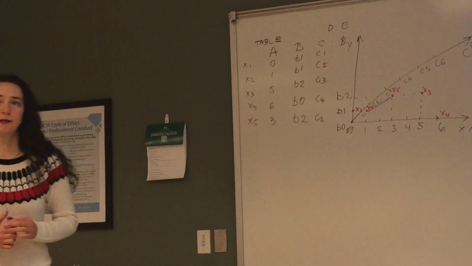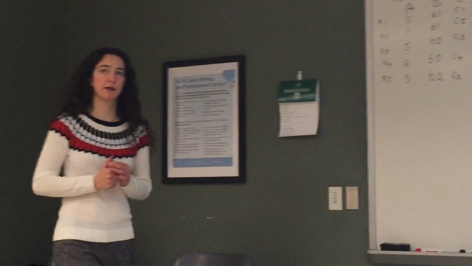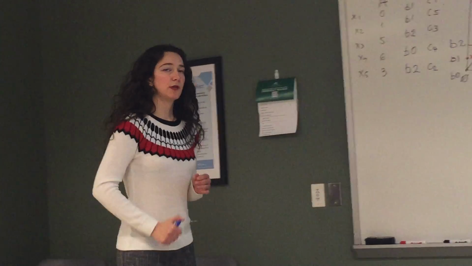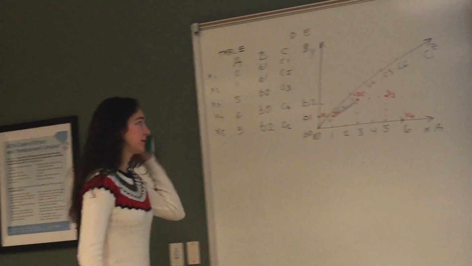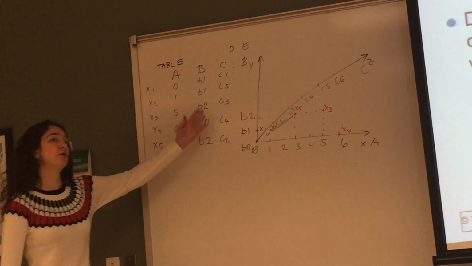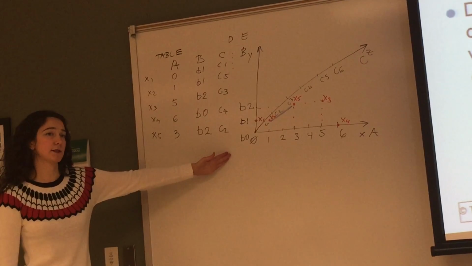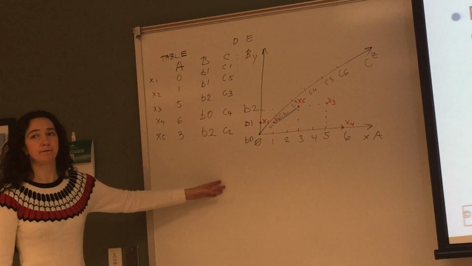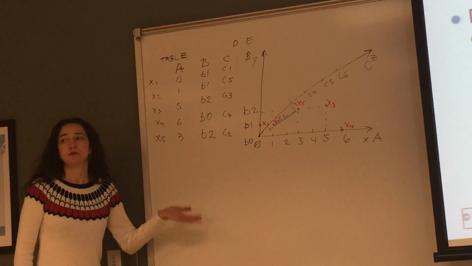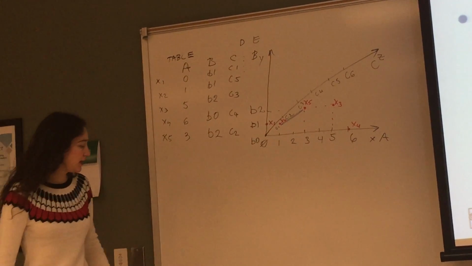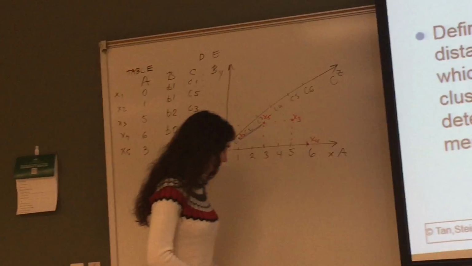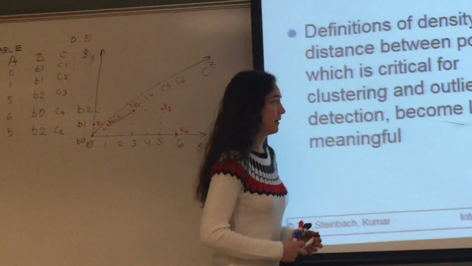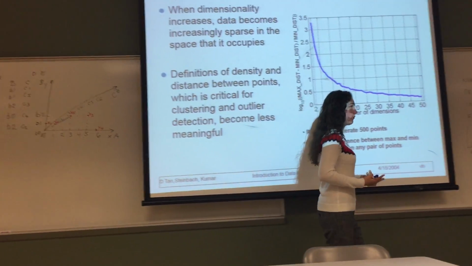We can square that to make sure it's not negative or something, and that will give us the distance. But if it's 200 of these things to subtract, then it'll take longer processing time. And so the more dimensions we have, we can easily kill the data mining algorithm. We don't want to have too many.